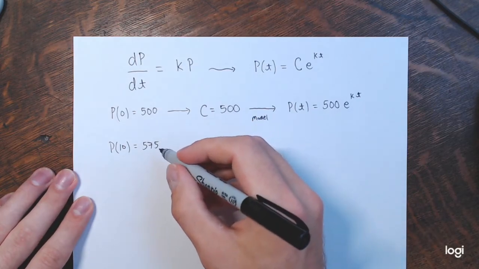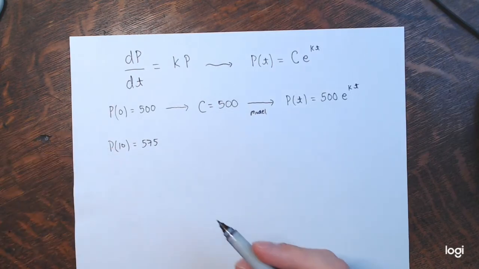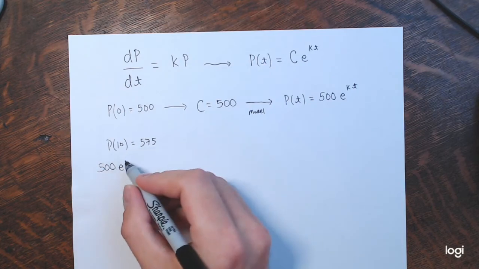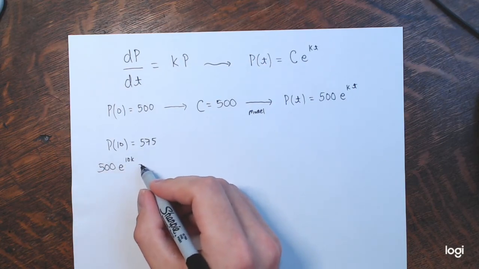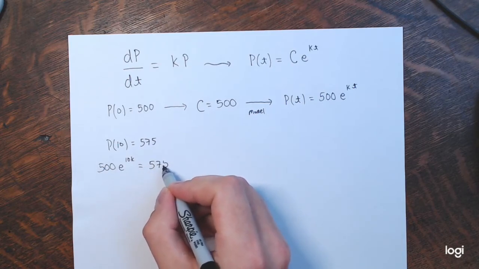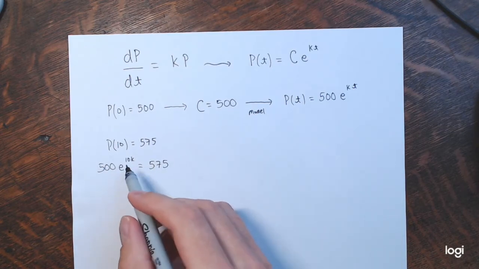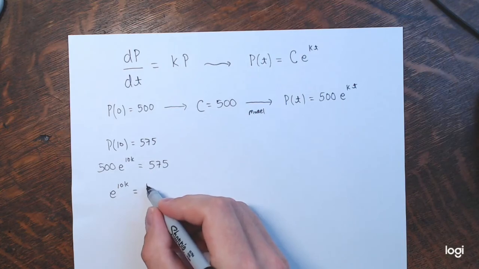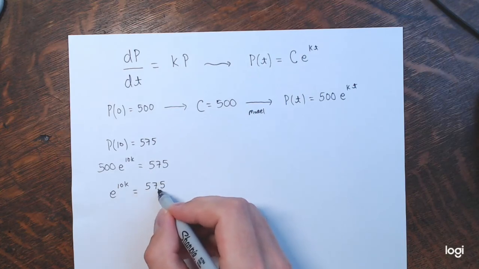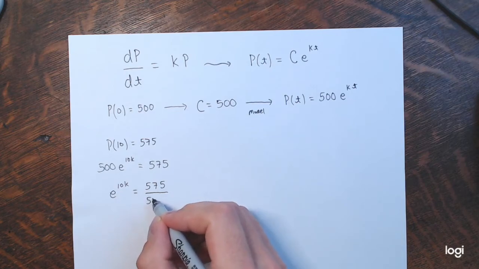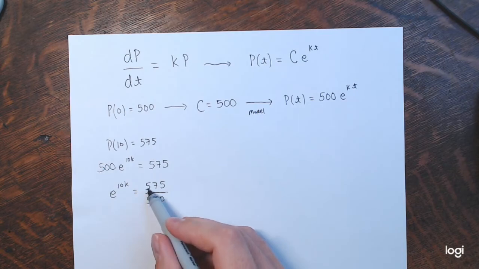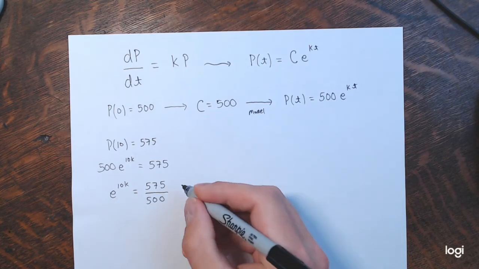All right, and then plug in 10 for t. What is p of t here? We'd have 500 times e to the 10k equal to 575. And solve for k here. We'd have e to the 10k equals 575 divided by 500. Well, that would be 115 divided by 100, so this is 1.15.